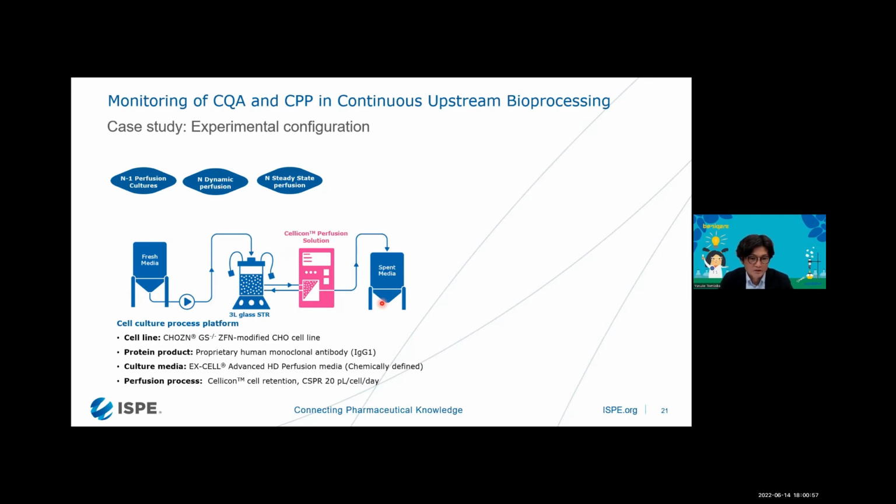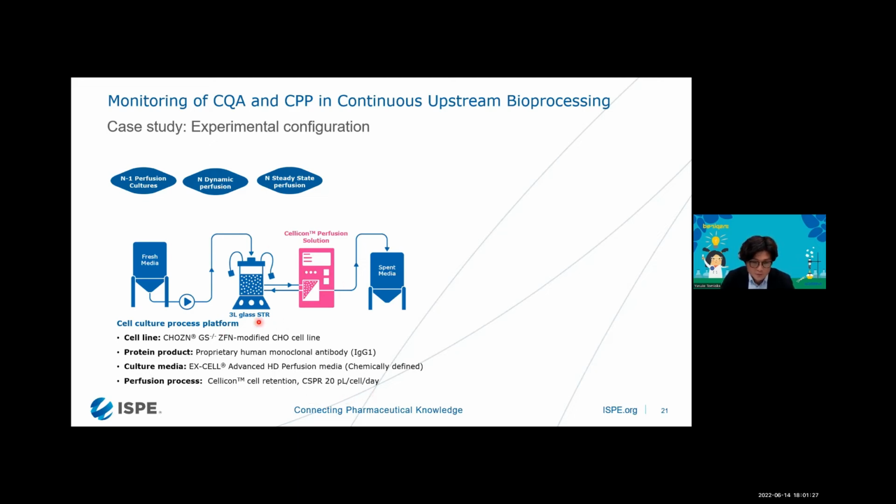In this study, we use the GS-CHO cell line, and the protein product is a human monoclonal antibody, an IgG, and we use Excel Advanced HT perfusion media as the cell culture media. For the perfusion condition, we use a silicon cell retention device, and the CSPR was set at 20 picoliter per cell per day.